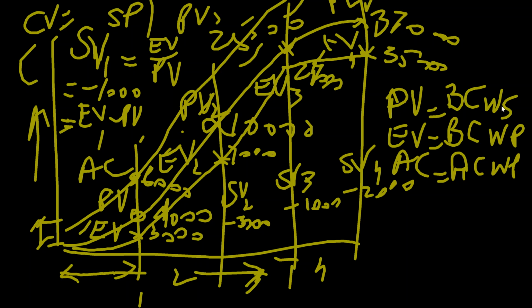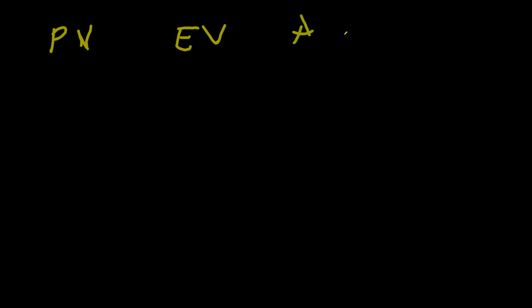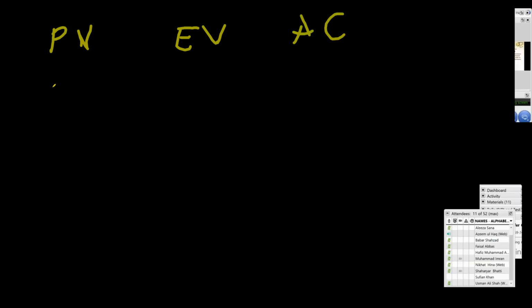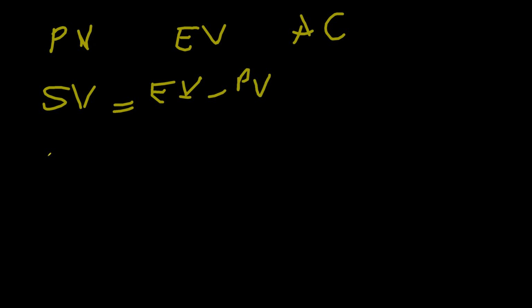So we have PV, EV and AC. Schedule variance is equal to EV minus PV, and cost variance is equal to EV minus AC.